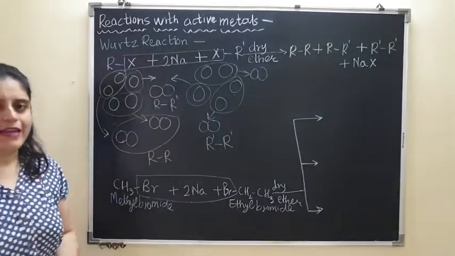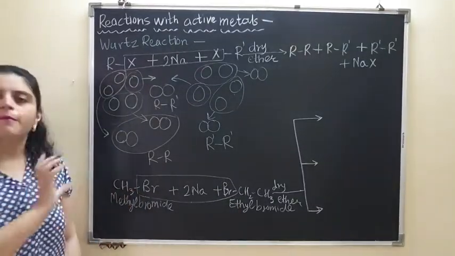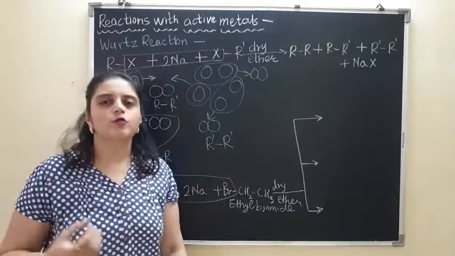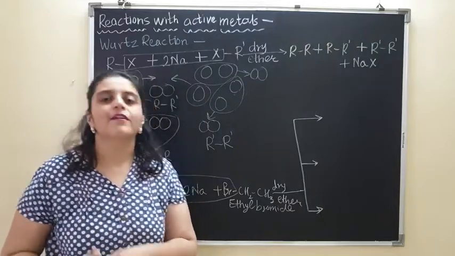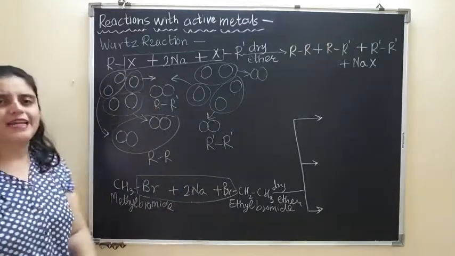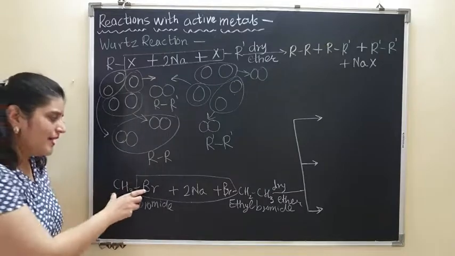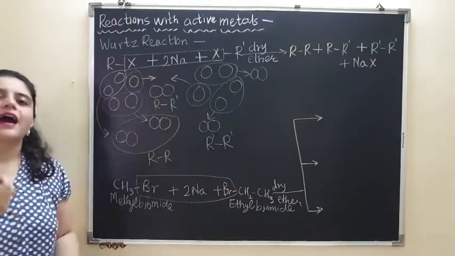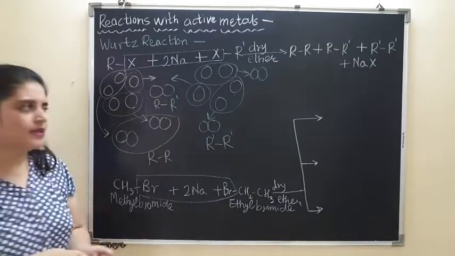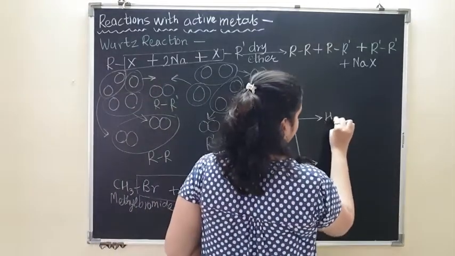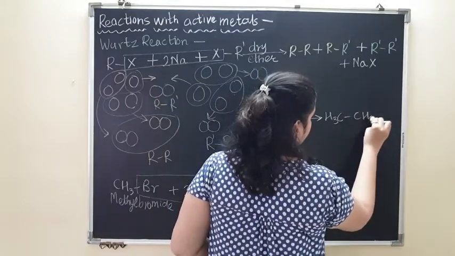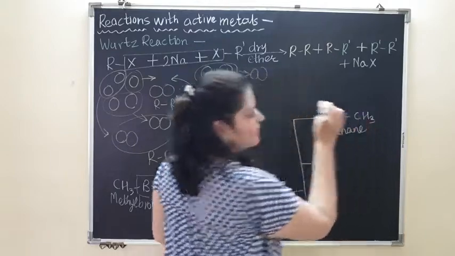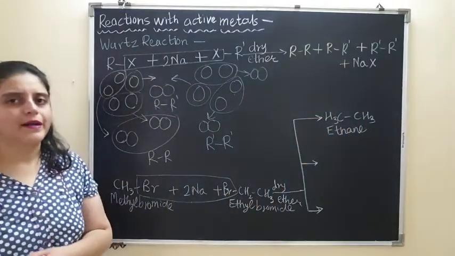After formation of NaBr, what is left is some molecules of CH3, some molecules of CH2CH3, that is C2H5. So now some of the molecules of CH3 will react with itself. CH3 खुद के साथ react होगा, ऐसा वाला product खुद के साथ react होके R वाला product बनेगा CH3, CH3. CH3CH3 is nothing but ethane.